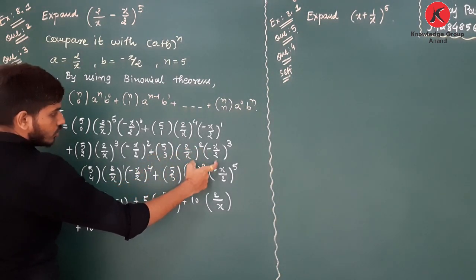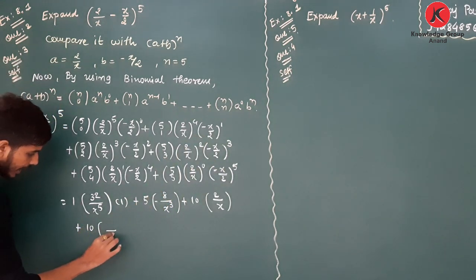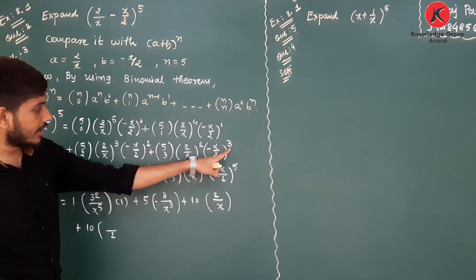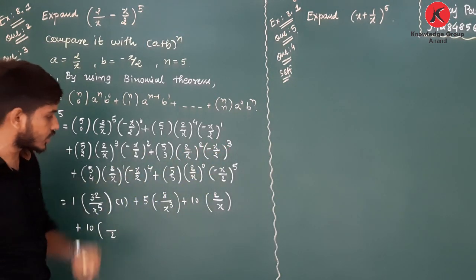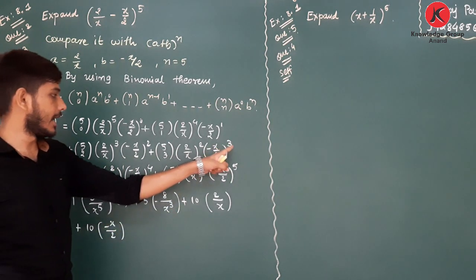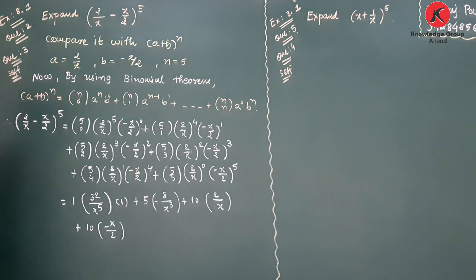2 raised to 2 divided by 2 raised to 3 is equal to 1 by 2. Minus x cube divided by x square is equal to minus x.